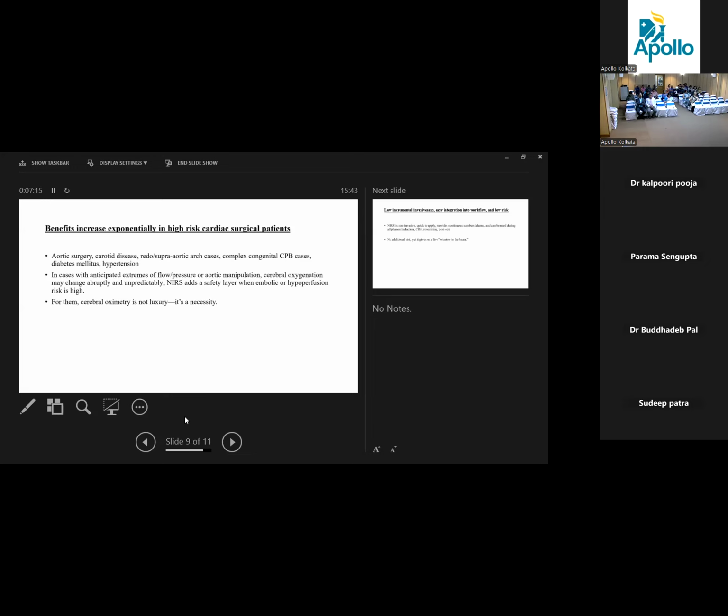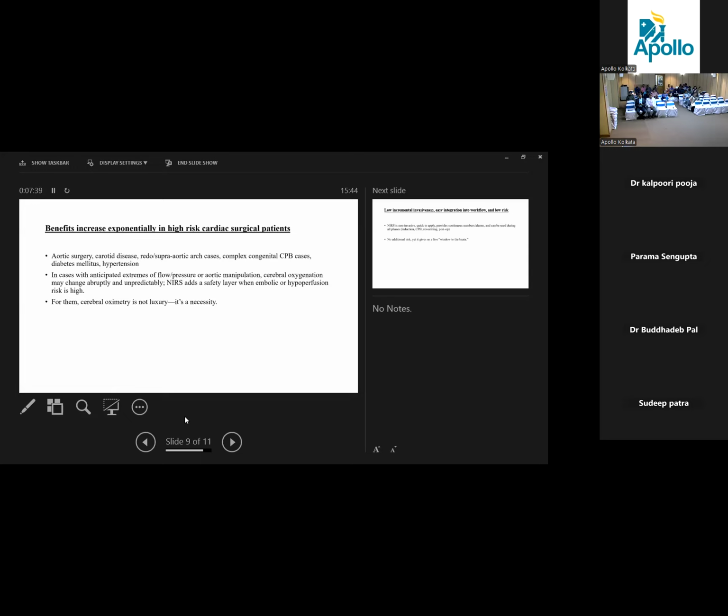Similarly, in hypertensive patients also it is of help, because in hypertensive patients the baroreceptor is set at a much higher level. So before we can detect the hypoperfusion, NIRS might help in detecting that. In cases with anticipated extremes of flow or pressure or aortic manipulation, cerebral oxygenation may abruptly and unpredictably change.